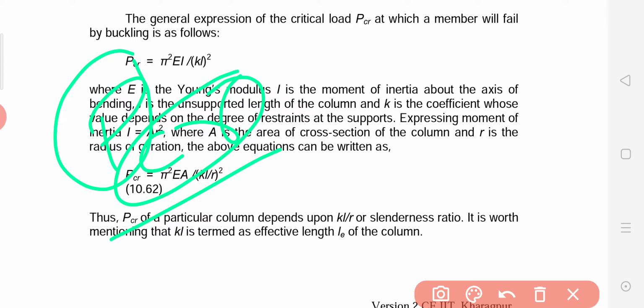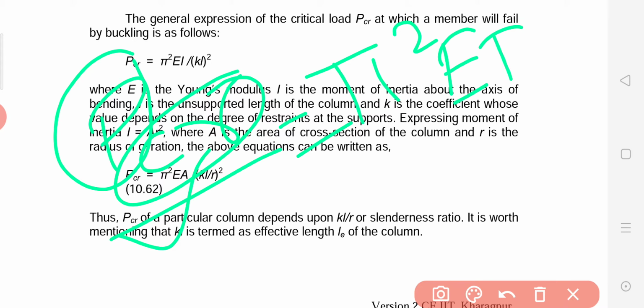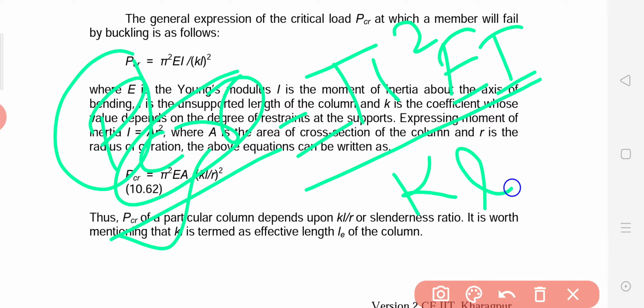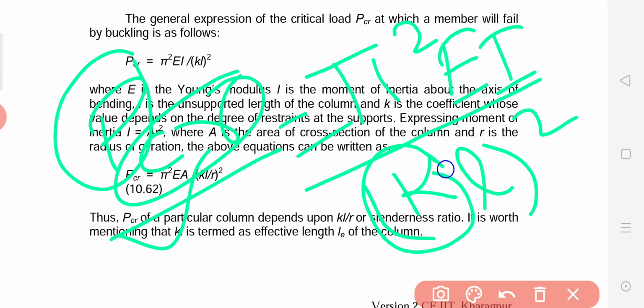So critical load PCR is pi square EI upon KL whole square. In many books, here it is only pi square EI upon L square.